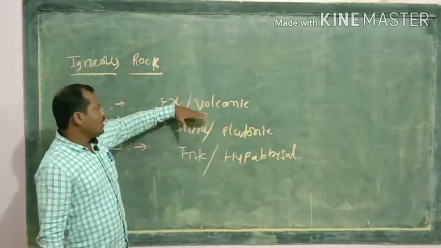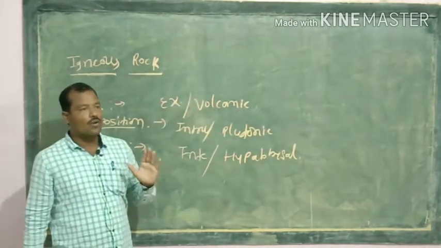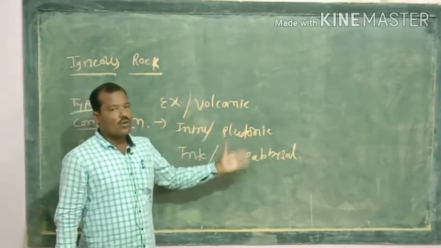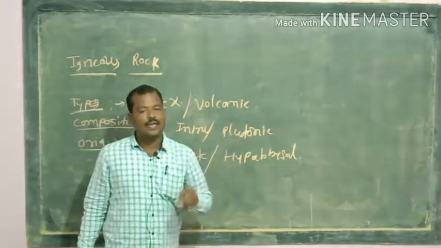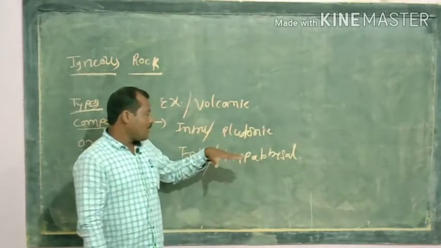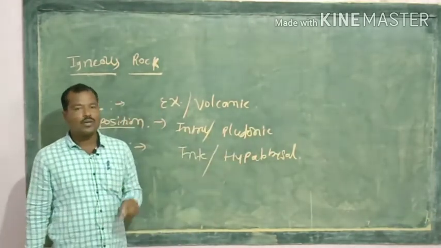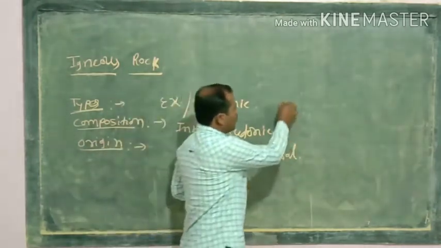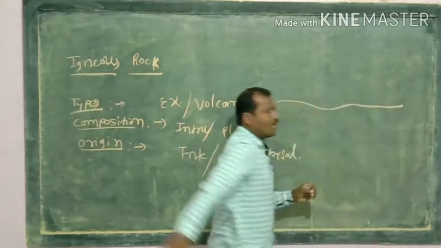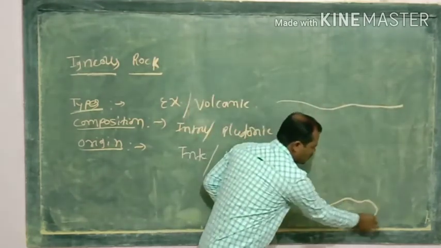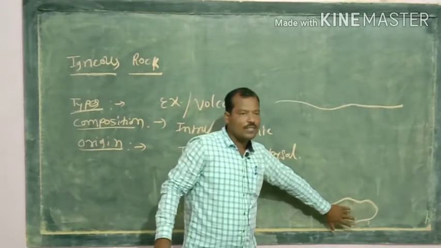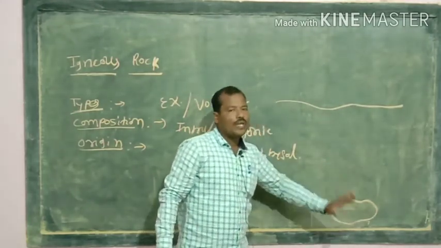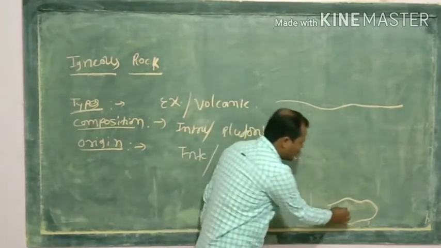Firstly, igneous volcanic rock is formed on the earth's surface, while plutonic rock is formed below the earth surface at great depth, while the hypabyssal rock is formed near the earth surface. We have already seen this diagram in the last lecture. This is the magma chamber, meaning magma originates below the earth surface at 50 kilometers to 250 kilometers.